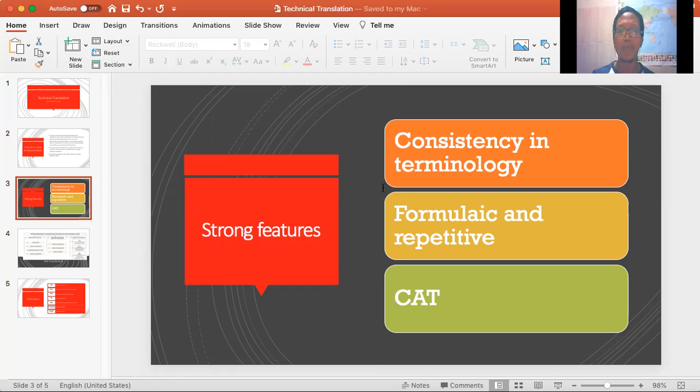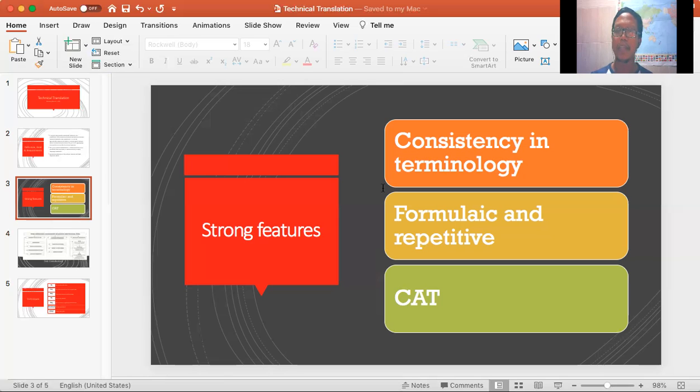Technical texts usually have, as I already mentioned, jargon or terminology that is special to the field. So even if the word or the phrase is the same or at least similar, probably it becomes jargon in a field, and you need to pay attention to that, and later on you need to be consistent when you translate a terminology.